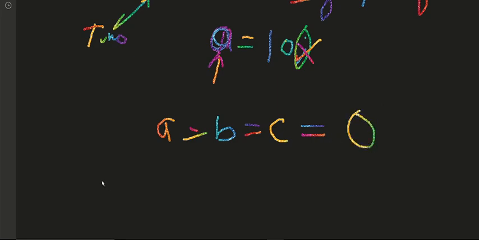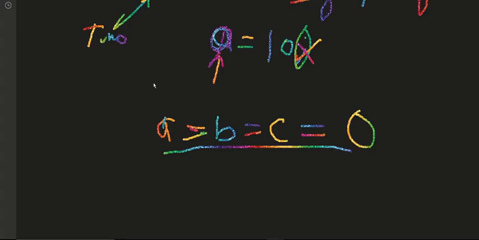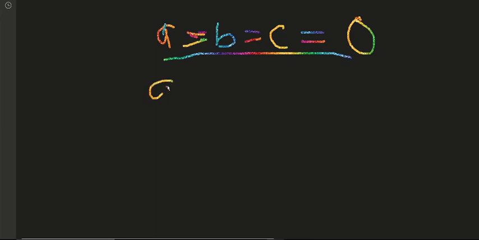So if we want to supply some value to different variables, then we can use this. Now we can also apply different values to different variables in this fashion. You can see that here all the variables are getting the same value. But what if I want A as 1, B as 2, and C as 3?